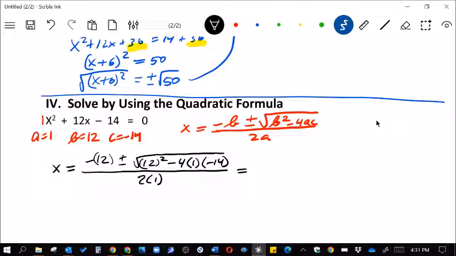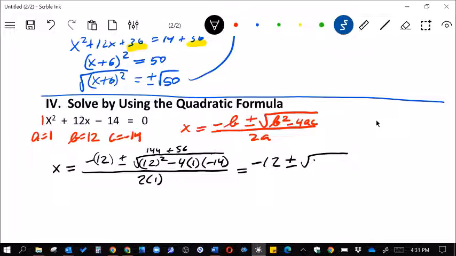Okay, great. Now let's simplify a lot of this. That's negative 12 plus or minus. Well, now we've got a lot in here. We have 144 here, and we have a positive. Two negatives make a positive, and it looks like we have 4 times 14 is 56.